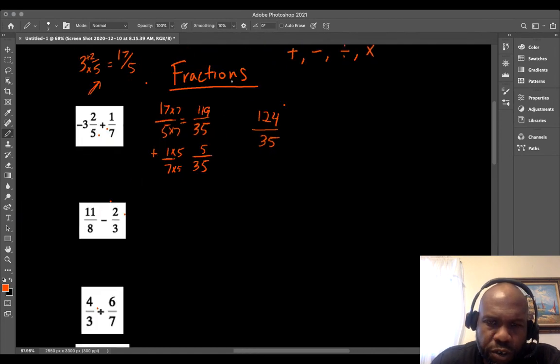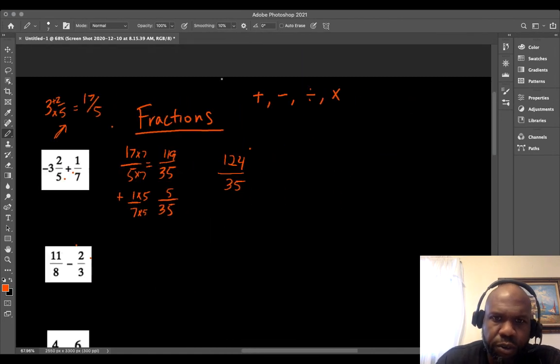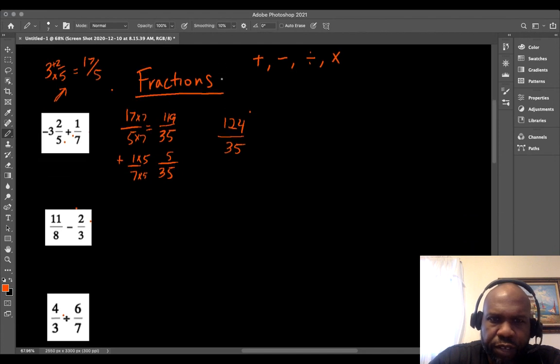Now you can turn this back into a mixed number if you want to, but I'm not going to ask you to do that. Mostly I just want you to be able to put that into an improper fraction by adding the numbers together and working through.